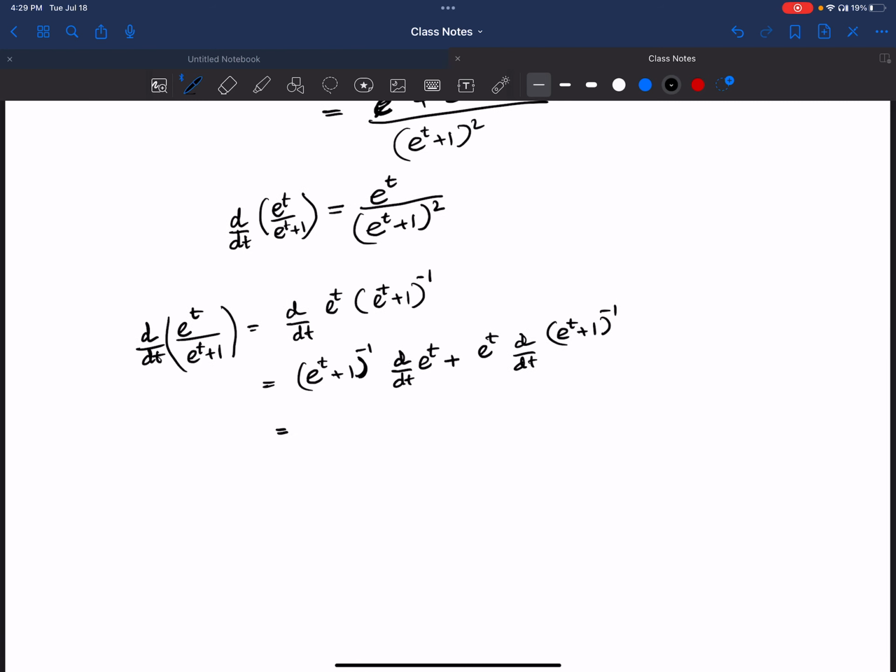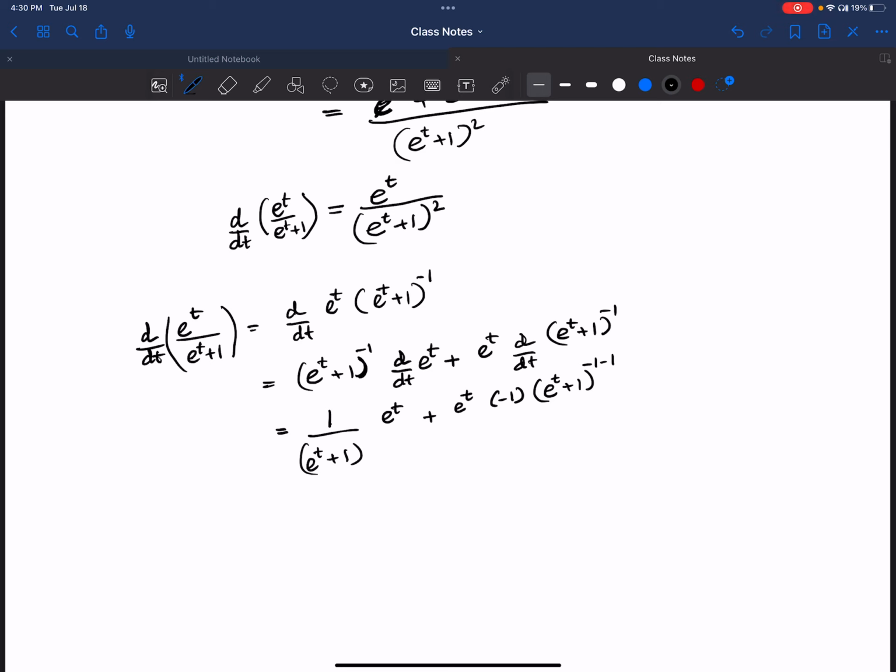We can take any function using the chain rule. This is like x to the power n, or u to the power n, where you take e to the power t plus 1 as u. So you can write negative 1 times e to the power t plus 1 to the power negative 1 minus 1.